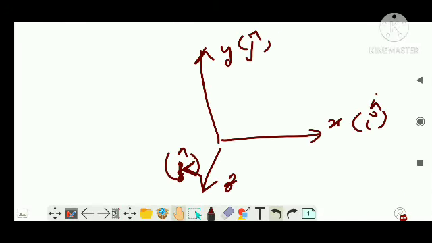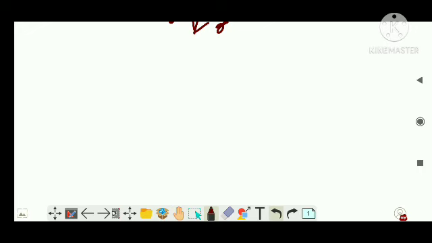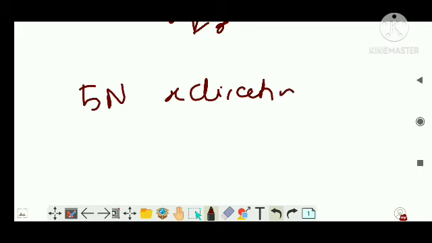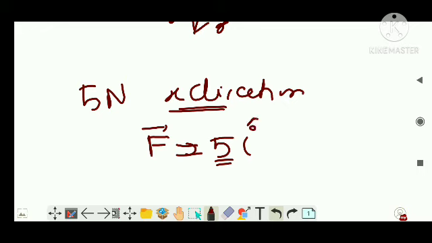Let me give an example. Suppose I am applying 5 Newton in the x direction. How can I write it? F vector is equal to 5 into the unit vector. What will be the unit vector in x direction? It will be i cap.